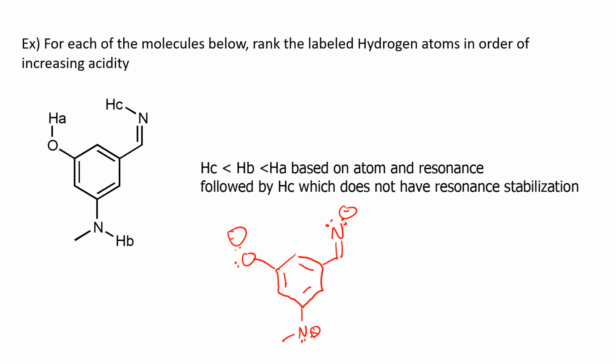Okay, let's go through the order. Let's start with our atom argument. Well, it looks like I've got a negative charge on two nitrogens and an oxygen. So for the atom argument, this oxygen has the most stable lone pair, or formal charge. So we can put this proton as most acidic right away.